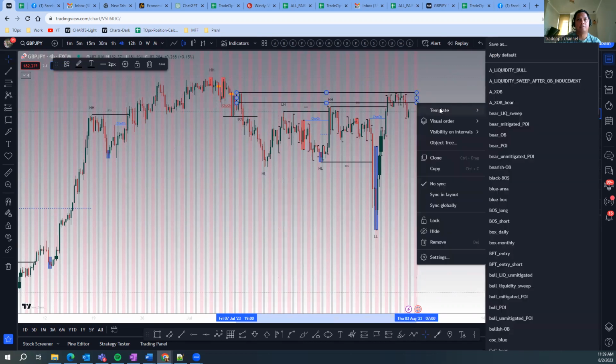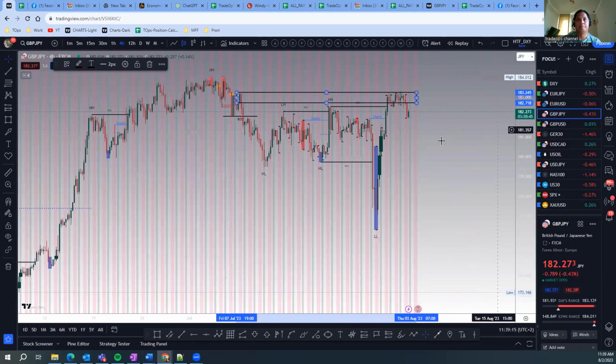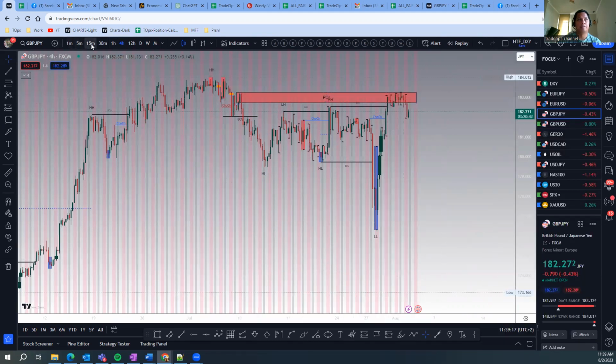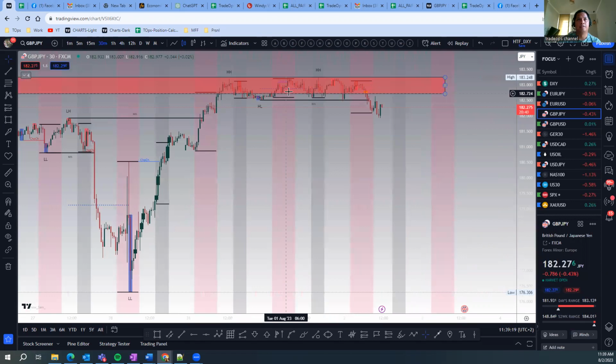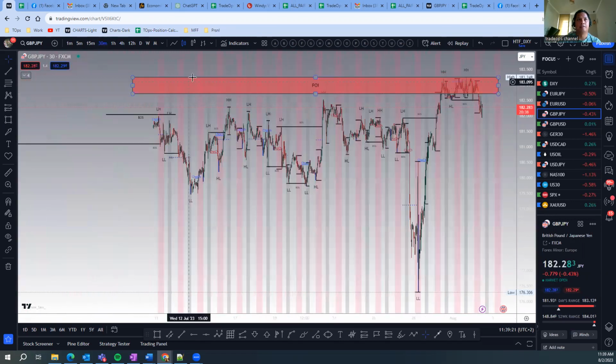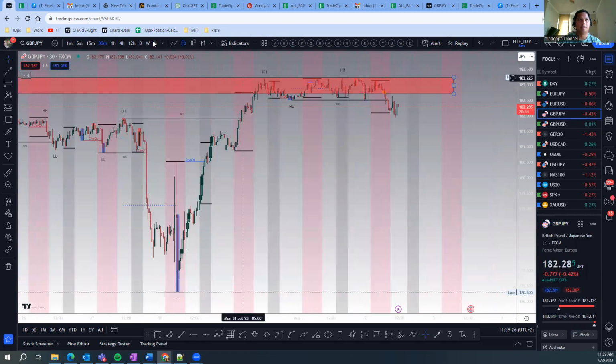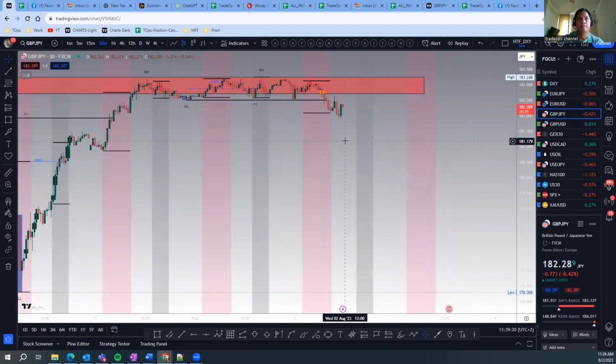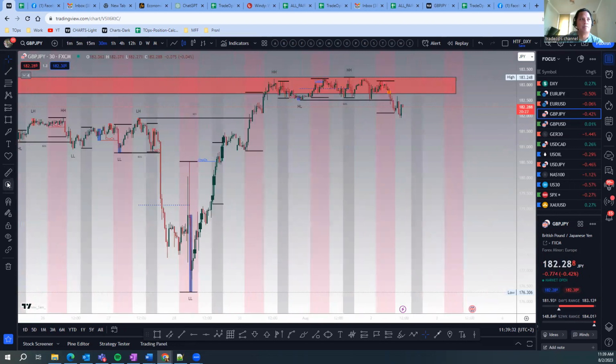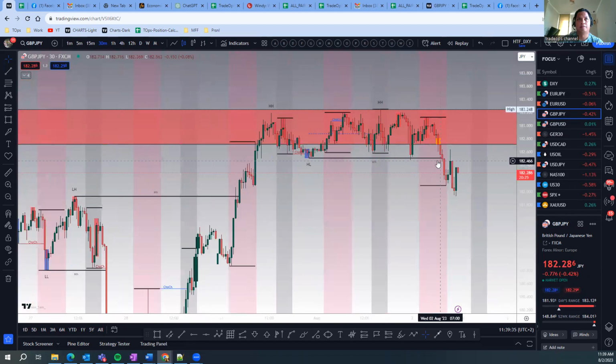So we extend that area to the right, and you will notice that in this area, when we go to the 30 minutes, this is where the order block or imbalance was created. Now if we focus on this area, you can draw some highs over here.